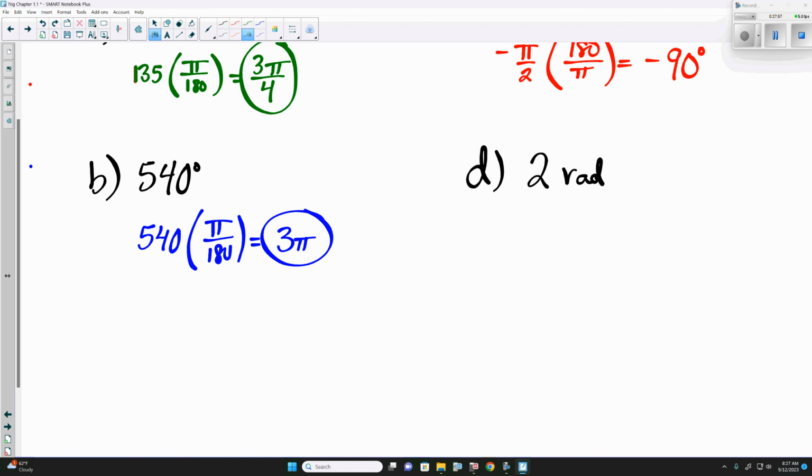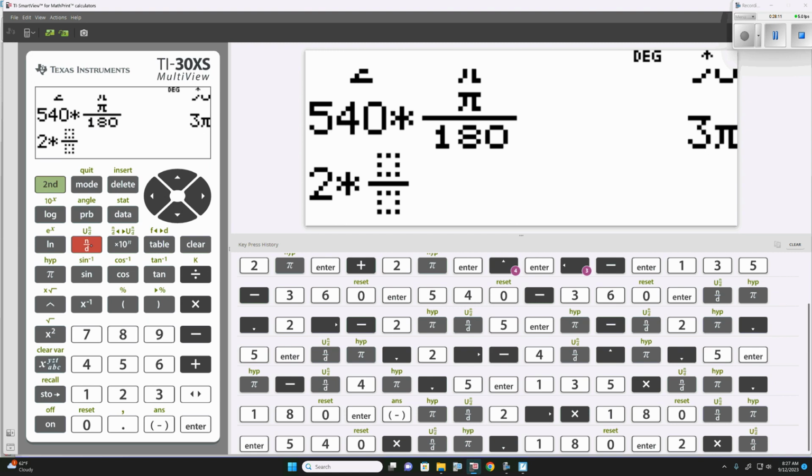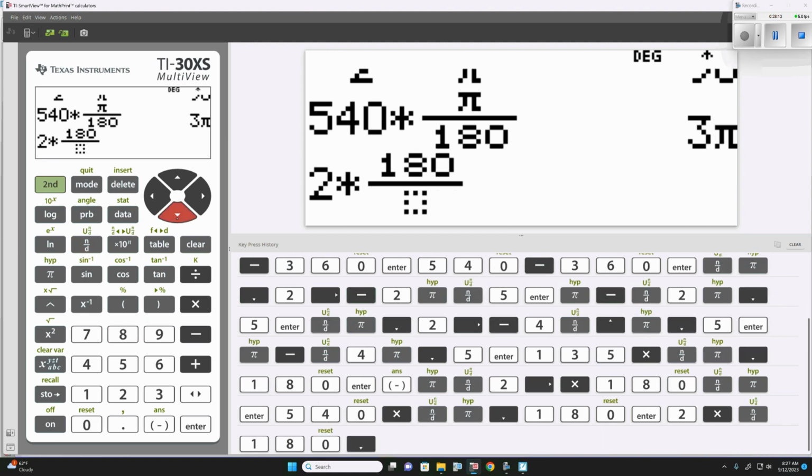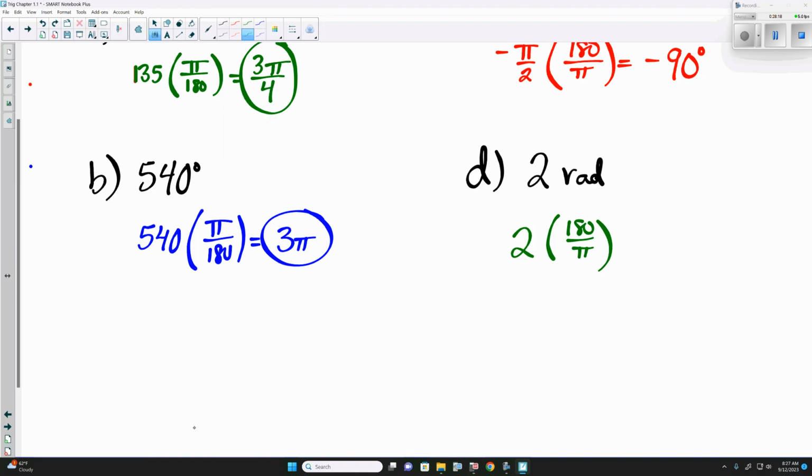And last one, 2 radians. So we're going to do 2 times 180 over pi. 114.59. Hold up.